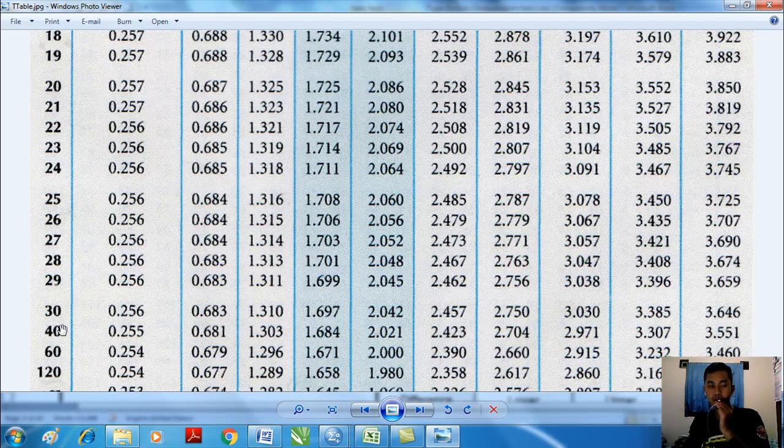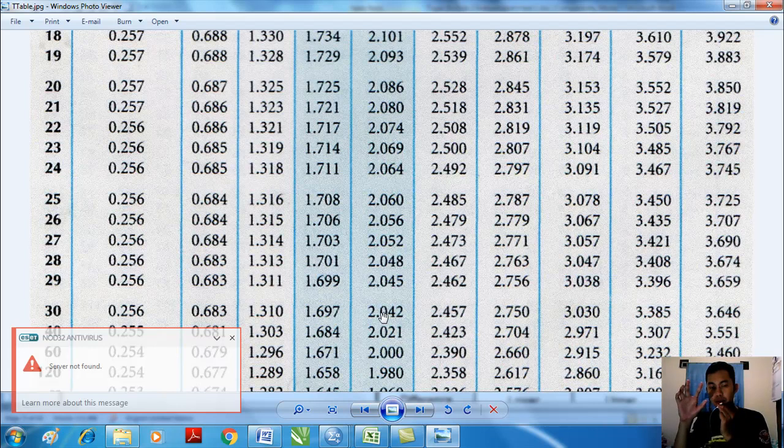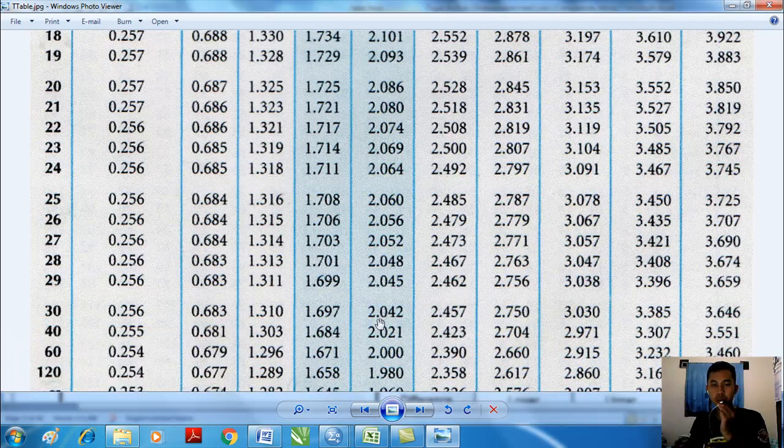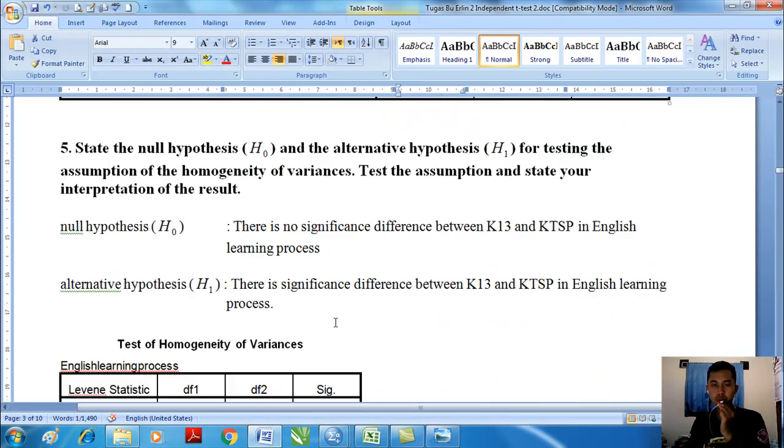Unfortunately I have no internet access, so I use this one. This is approximately 2.042.